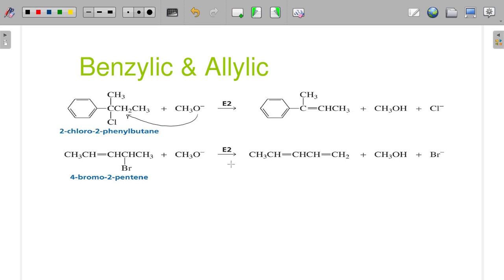E2 can also happen at our allylic position. We're just going to have this come in and attack an adjacent position. It's going out here rather than this one because it will create a pi system.